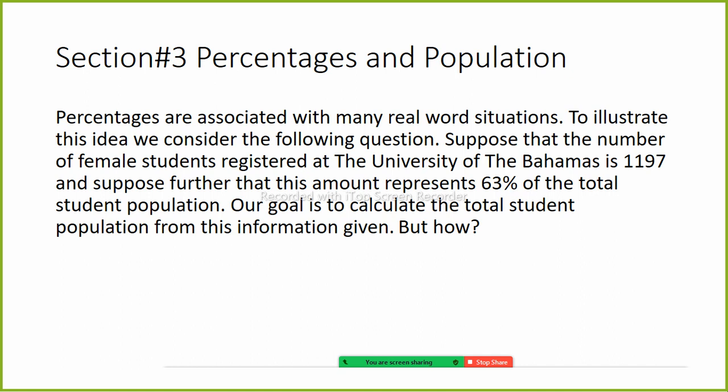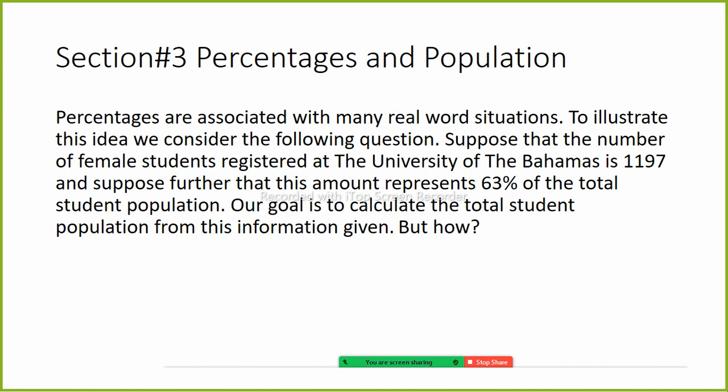Alright, so any ideas? How can we know how many girls we have? We know that that's 63% of the population. How can we figure out what is the total student population?